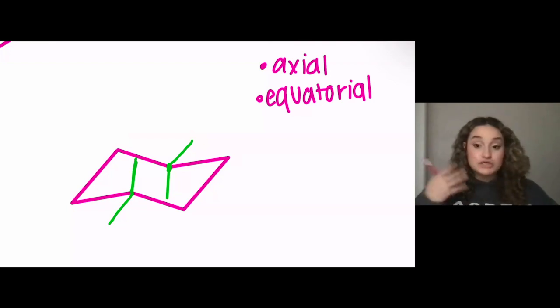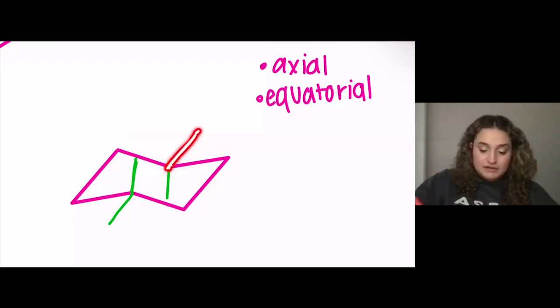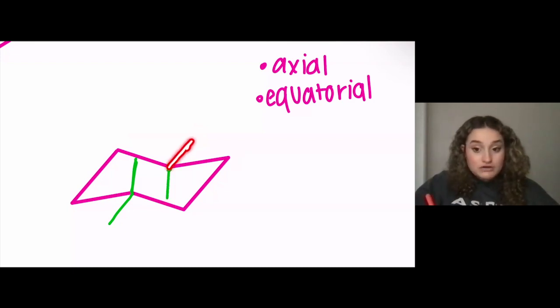And another way to continue remembering it, do you see how this guy is coming up and then this guy is coming down? We'll start with this guy coming up. It's equatorial. My substituent coming up on here, because this one was equatorial, it must be axial. You can't have two substituents going up and both being axial or both being equatorial.